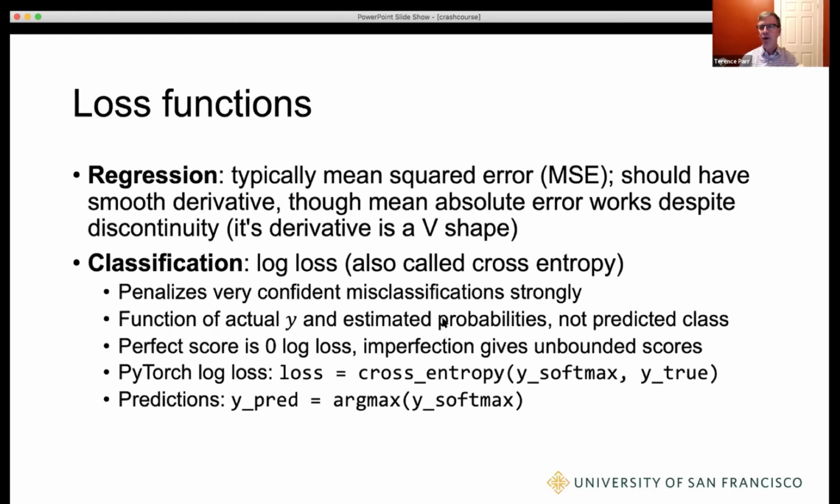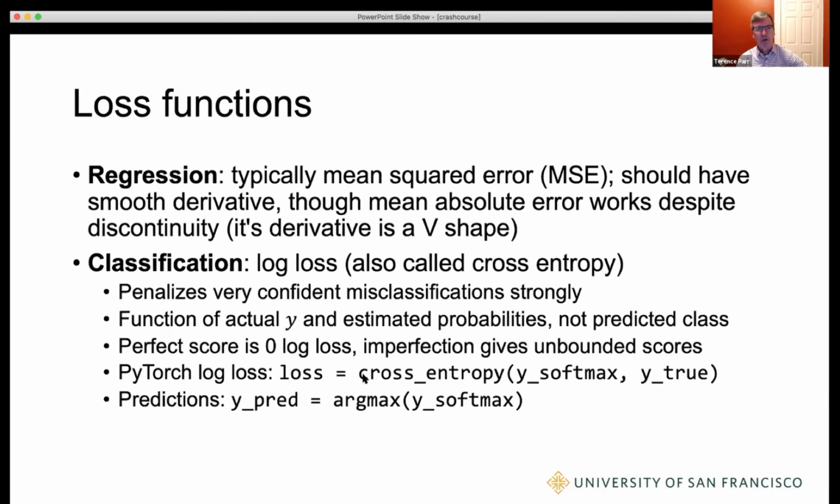Because if we know it's a cat and we're predicting cat, we can see that they're the same, but we don't get a numeric difference between these things. That's why we use this log loss. And you'll see briefly, 0 log loss is perfect. That means there's no difference between your predicted and what it should be. And imperfection can go basically infinitely high.